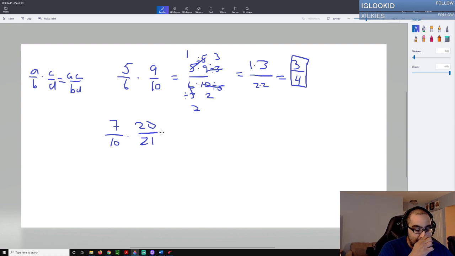Instead, we want to reduce it down before we go ahead, and to do that we need to find a common factor between, say, two numbers. Again, one has to be in the numerator and one has to be in the denominator. So that's why we're dividing out, say, by 3, because 9 and 6 have a common factor of 3. 5 and 10 have a common factor of 5 that we can divide out. That's essentially what we're doing here in this section.